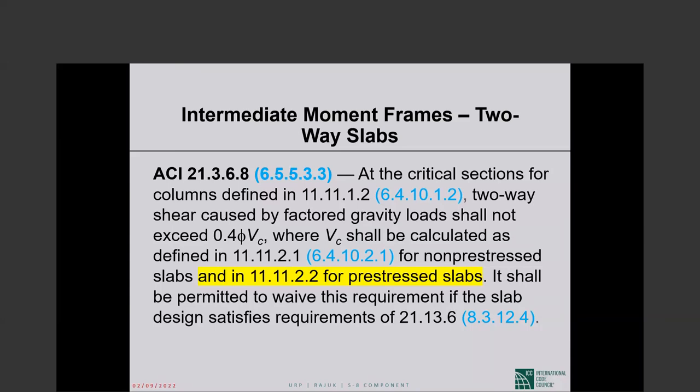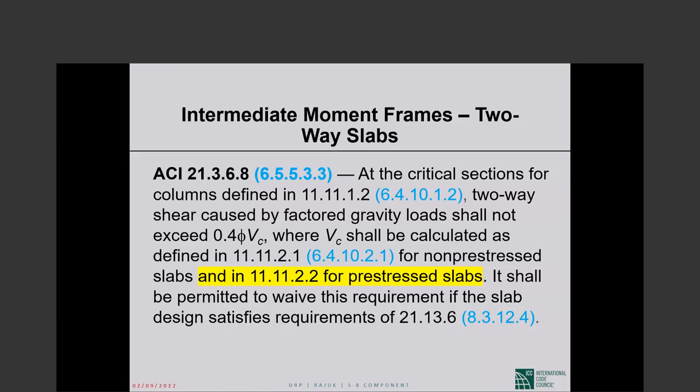Okay, so if a flat plate is serving as part of an intermediate moment frame, then at the critical section around a column, you cannot have punching shear due to gravity exceeding 40% of the punching shear that concrete alone can carry.